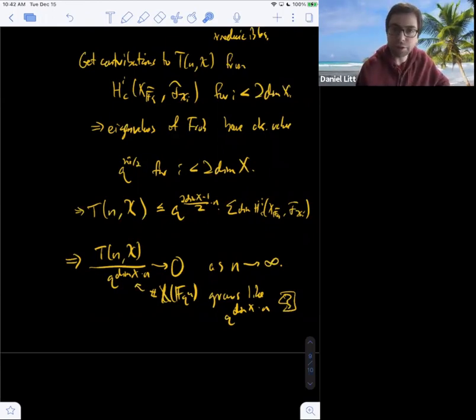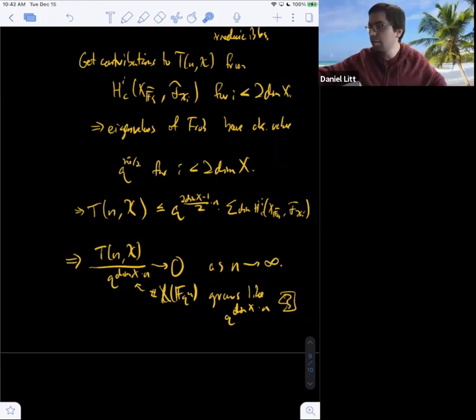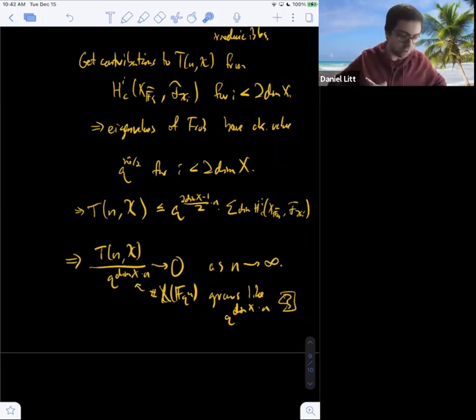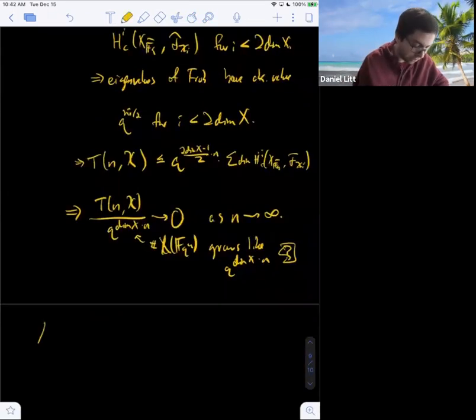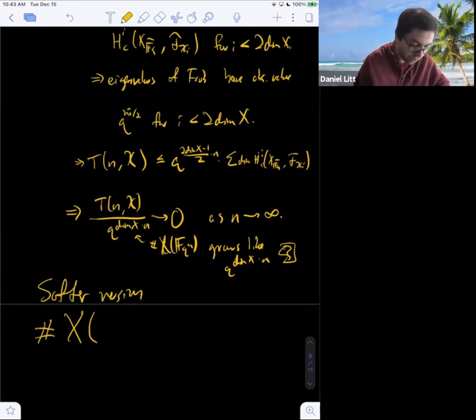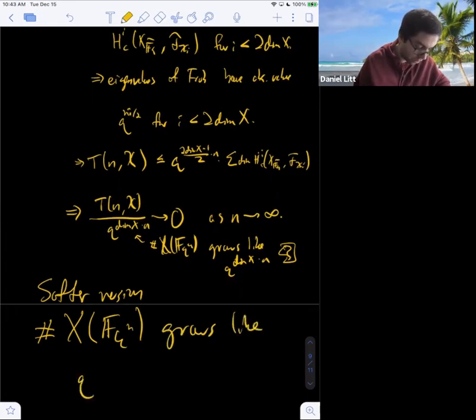All right, are there any questions about this? So maybe there's a softer remark, which is that I said that the number of points of x over F_q to the n grows like q to the n times the dimension of x. So that's Lang–Weil.